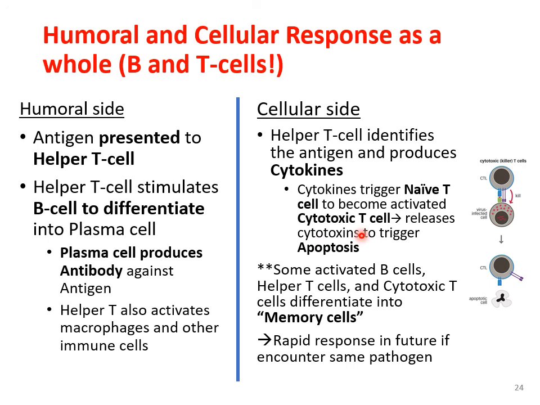Okay, and now you have kept as memory cells some of those activated B cells and activated cytotoxic T cells to then identify COVID-19 the next time it comes into your body and quickly attack it.